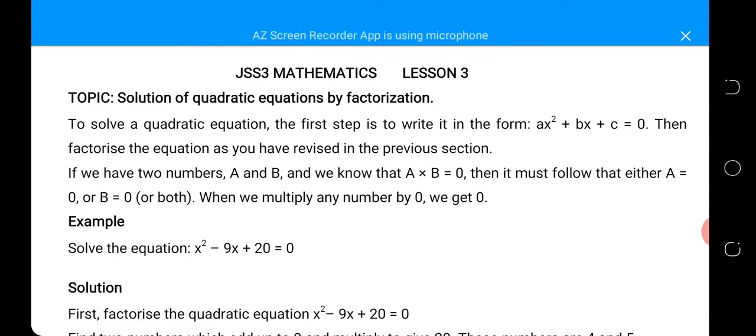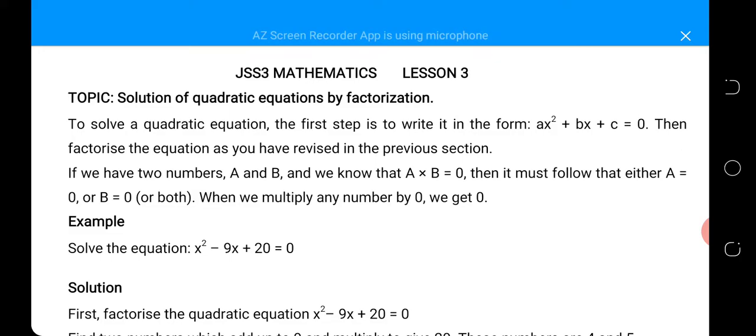A quadratic equation is an equation where the highest power of the variable is 2 and is always of the form ax squared plus bx plus c is equal to 0, as shown in the example below. To solve a quadratic equation, the first step is to write it in the form ax squared plus bx plus c is equal to 0.